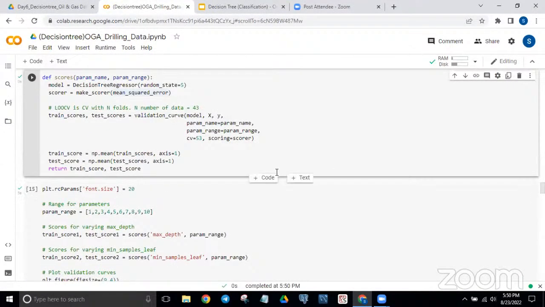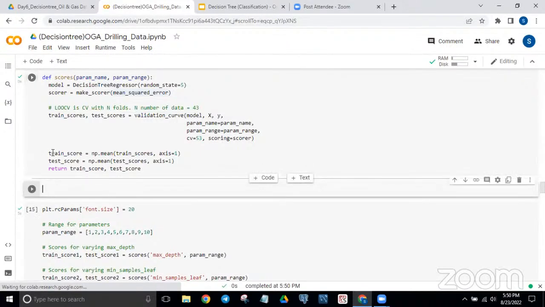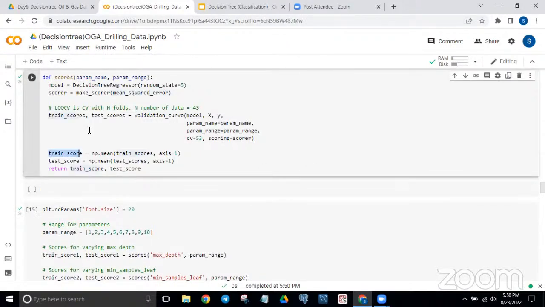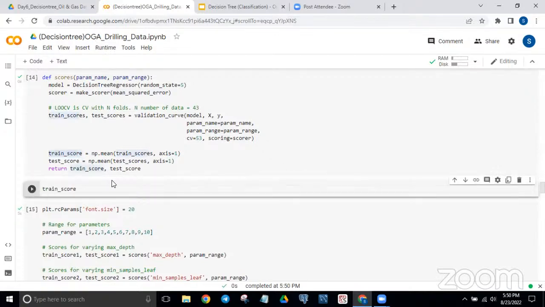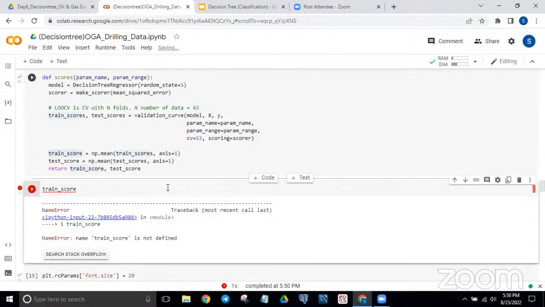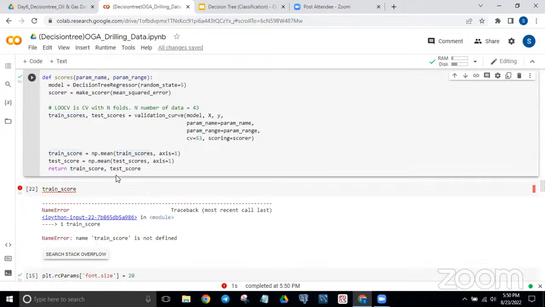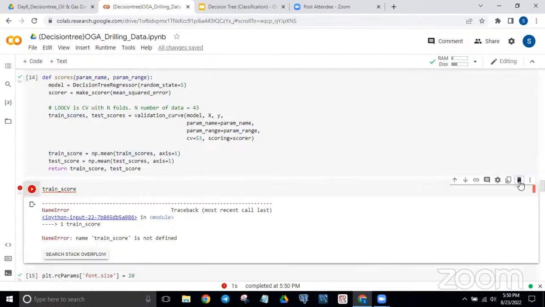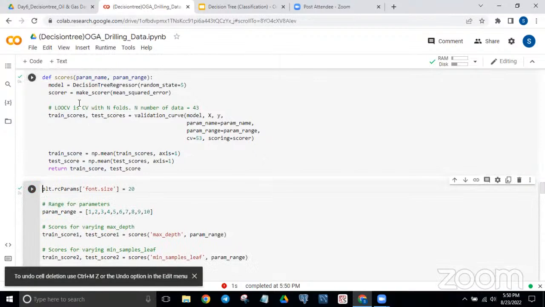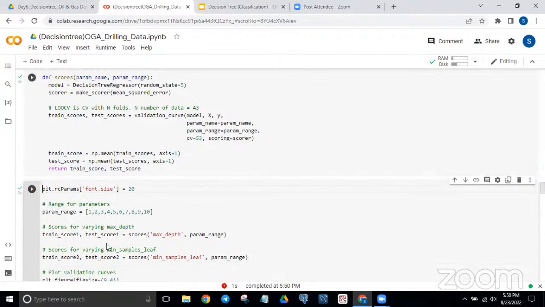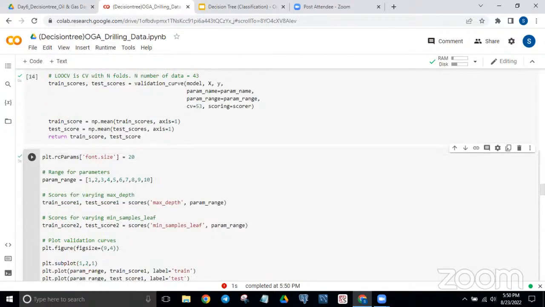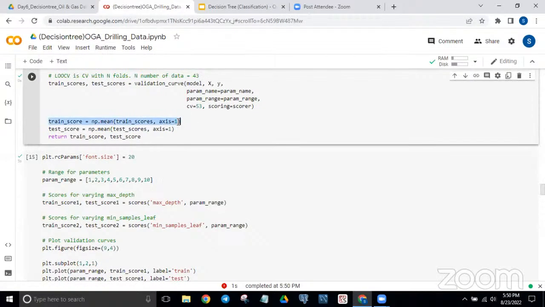If I look into these values, if I write train underscore score, I want to look at what the score values are. I have given this value in the definition, so I have created scores here. So directly I'm going to get the values here. I haven't taken them separately here. This value is separate.